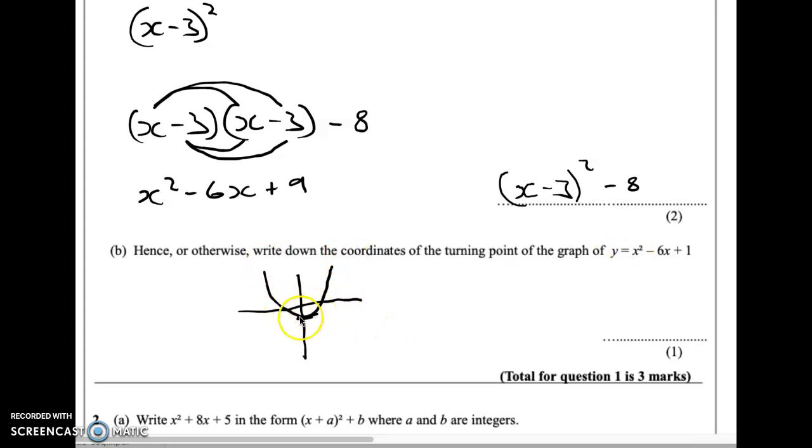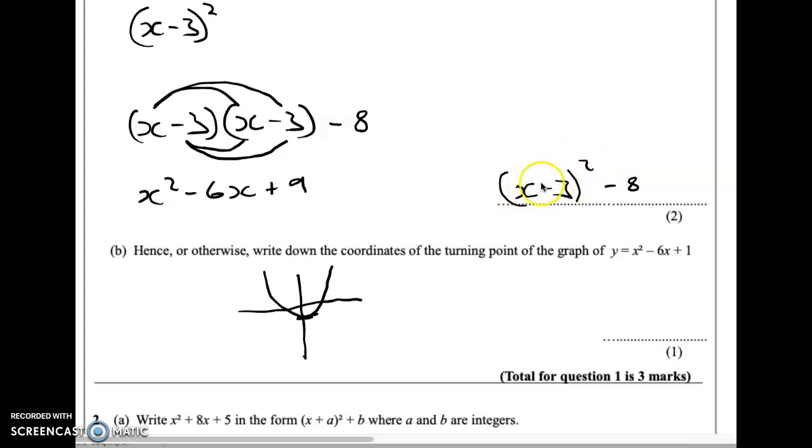To find the lowest point, we want the bracket to equal 0, because this is squared, so the lowest it can be is 0. Even if everything in here is negative, when you square it, it's going to be positive. So the lowest it can be is 0.